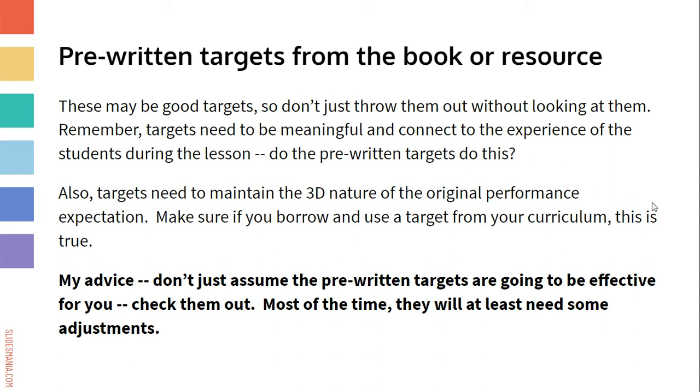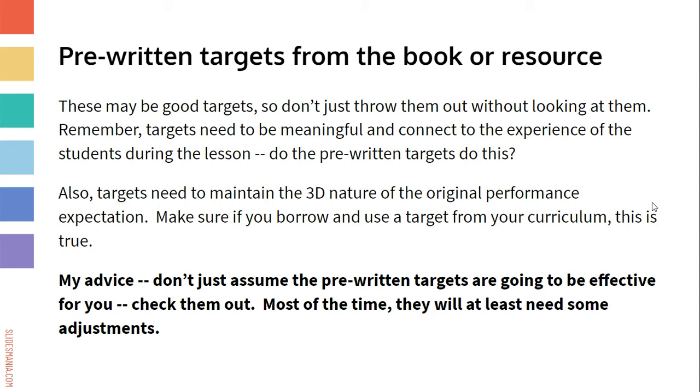So let's think about pre-written targets from the book or resource. These may be good targets. I'm not going to say right out that all of those are bad and that you should never use them. So don't just throw them away and not consider them at all. But remember, targets need to be meaningful and they need to connect to the experience that you're giving students in your class during your lesson. So you need to really think about, do the pre-written targets do this? Also, targets need to maintain the 3D nature of the original performance expectation.